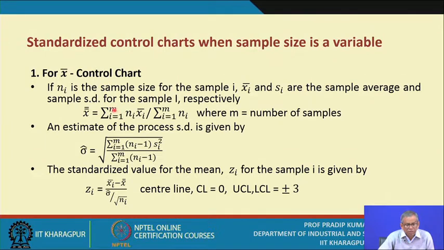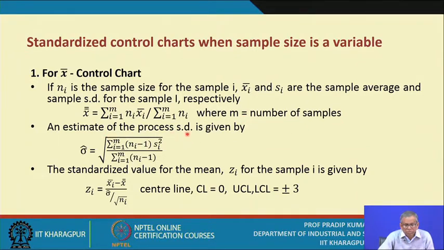So when you consider m number of such samples, you compute X double bar, that is the mean of the means or the grand mean, that is the sum for i equals 1 to m of Ni Xi bar, where Xi bar is the sample average for the ith sample and the corresponding sample size is Ni, divided by the sum for i equals 1 to m of Ni. That means you sum all the sample sizes, where m is the number of samples.